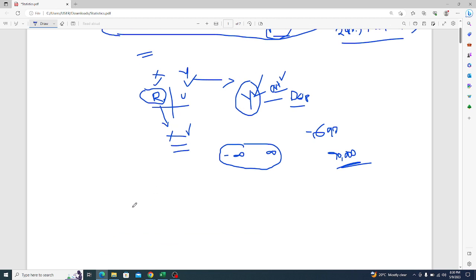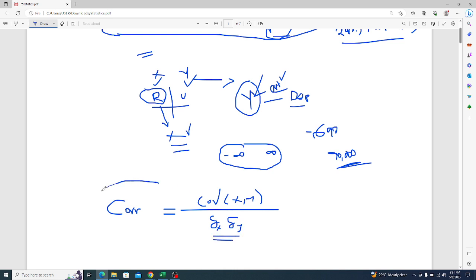Now let's go to the correlation. To calculate correlation, we need the covariance. We'll take the covariance of x and y, and divide by the standard deviation of x multiplied by the standard deviation of y.